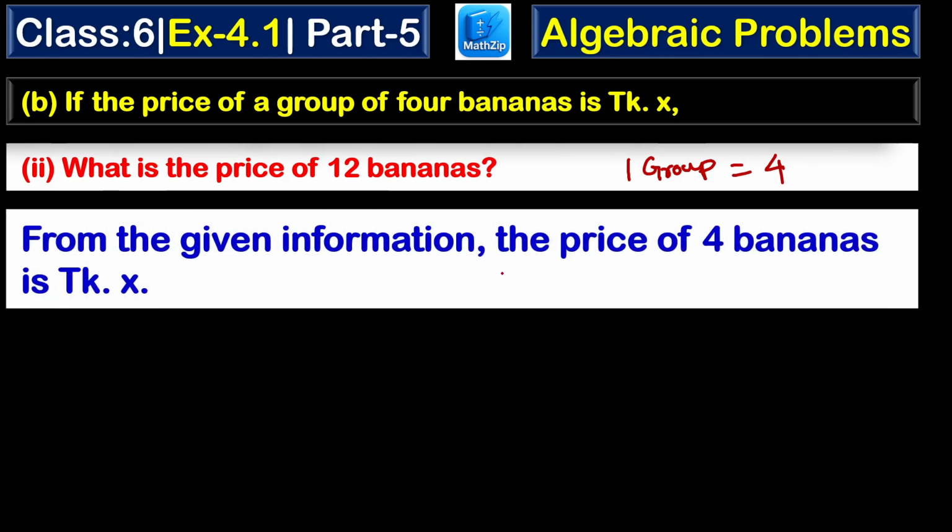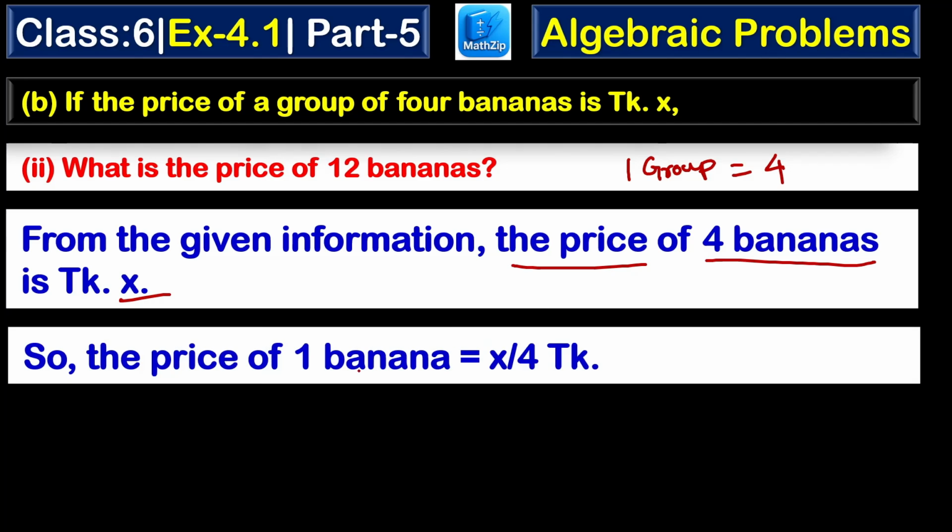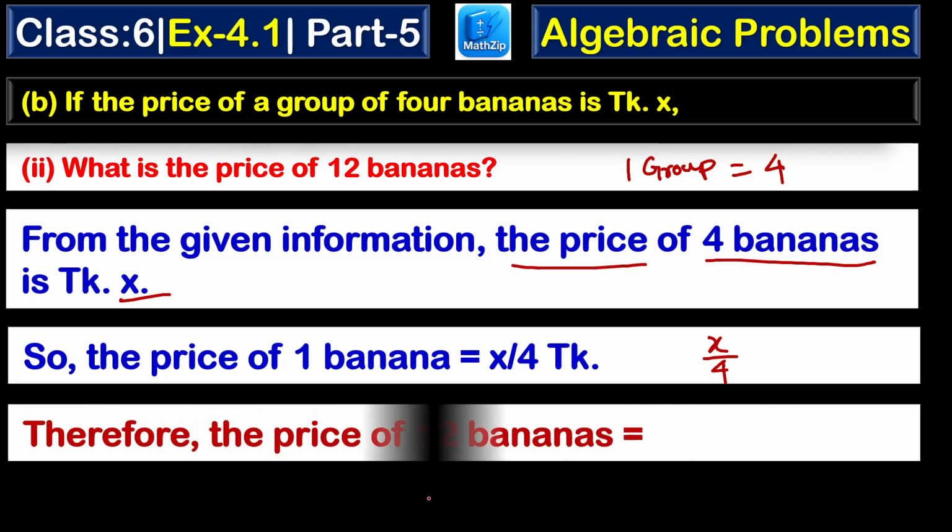From the given information, the price of 4 bananas is X taka. So the price of one banana is X by 4. Therefore, the price of 12 bananas is 12 times X by 4. 12 divided by 4 is 3. So our answer is 3x.